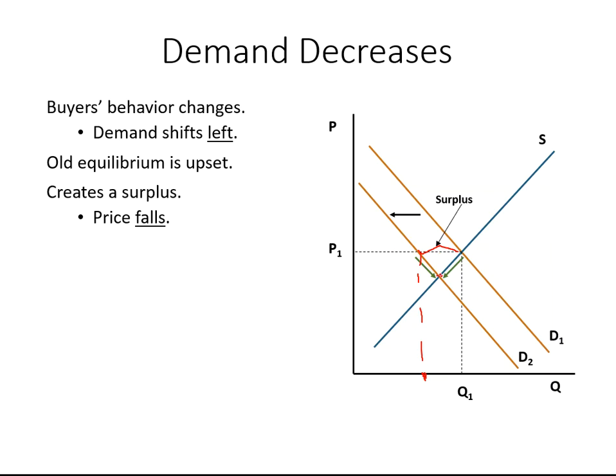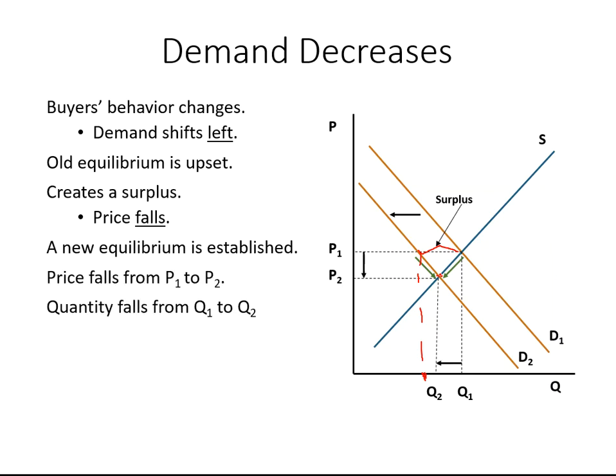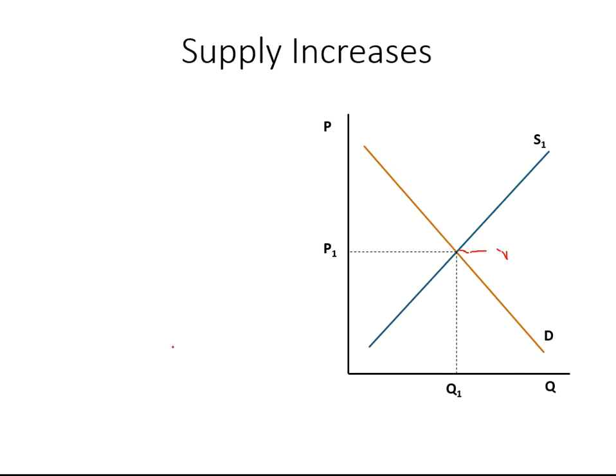This is our new equilibrium point, where the price has dropped from P1 to P2, and the equilibrium quantity has dropped from Q1 to Q2. Again, it's not a surprise. After that news about Subway's bread, Subway experienced a significant sales drop. So a decrease in demand will decrease the market.